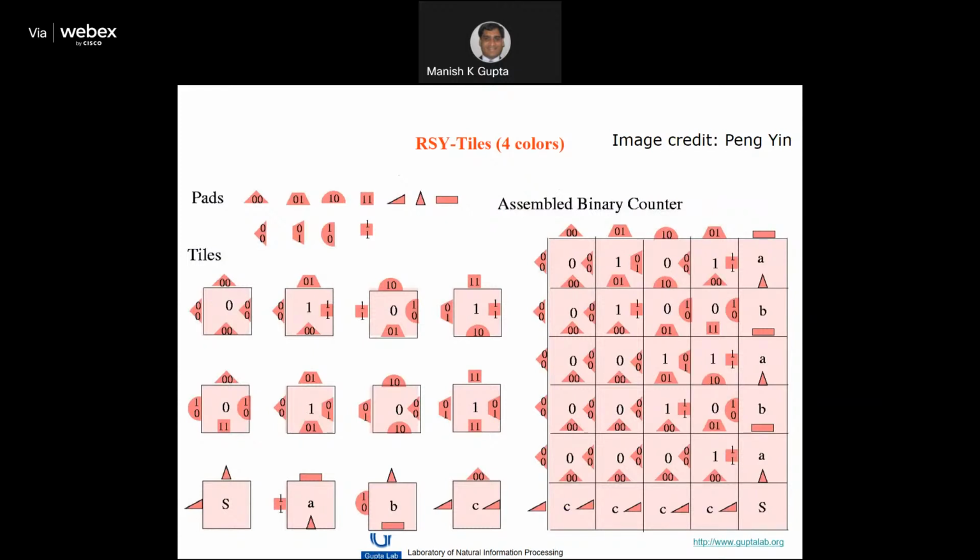Now it is no more; there are 2 bits going in, 2 bits going out. By the way, I should ask: there are 8 tiles, so how many input bits are possible?